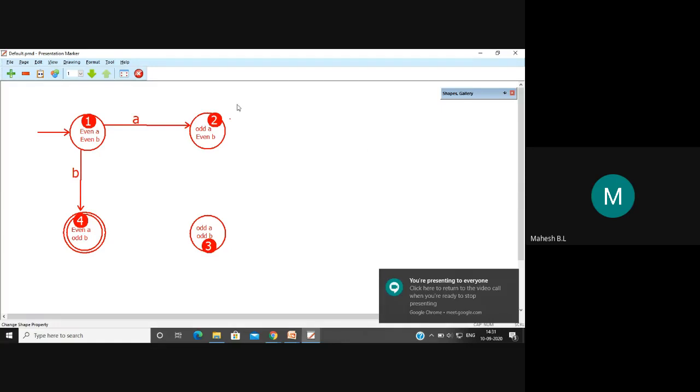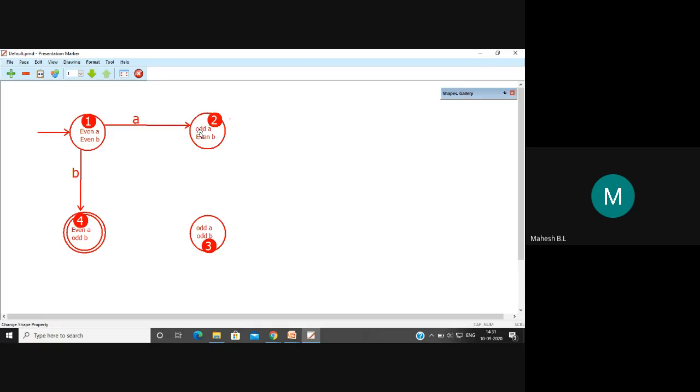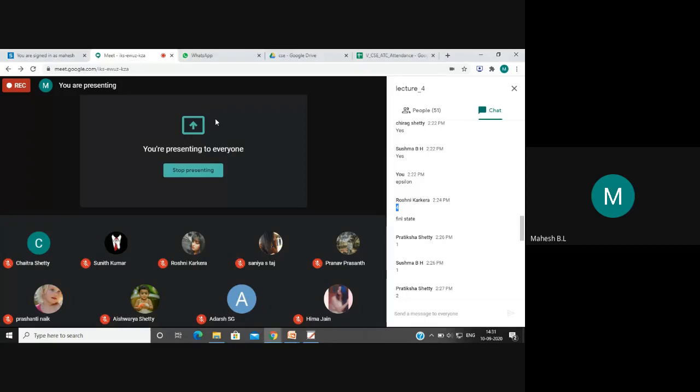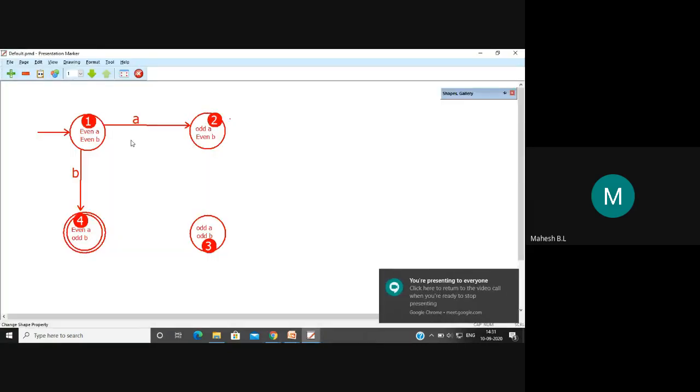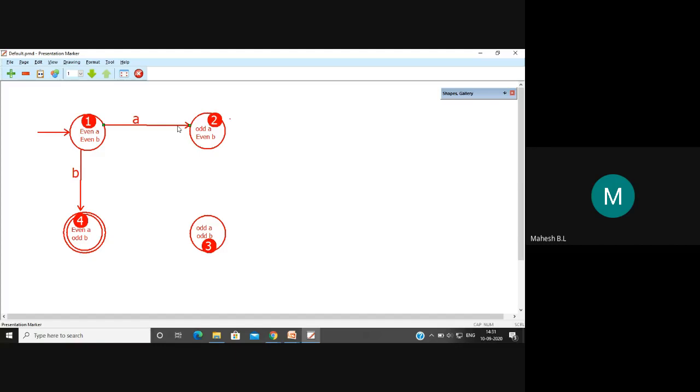So your DFSM must make the transition from state 2 to state 1.